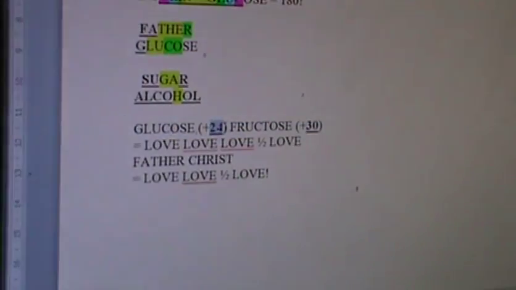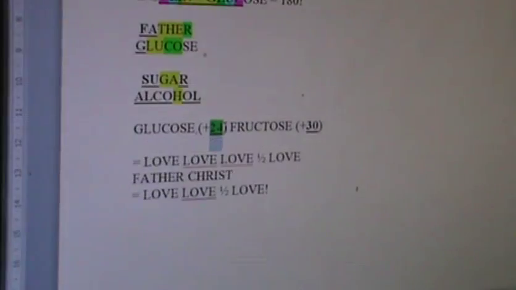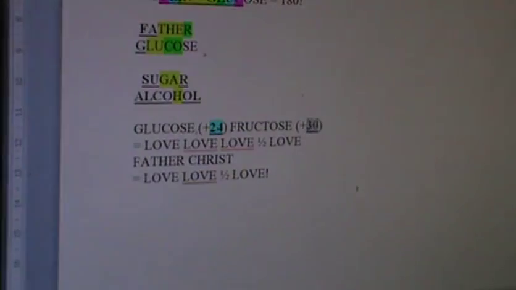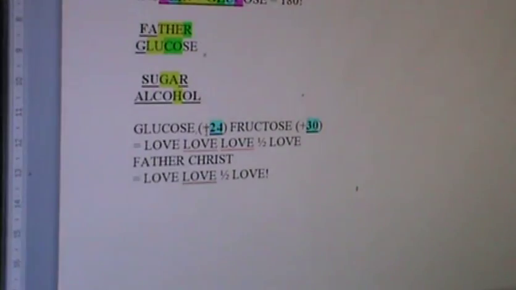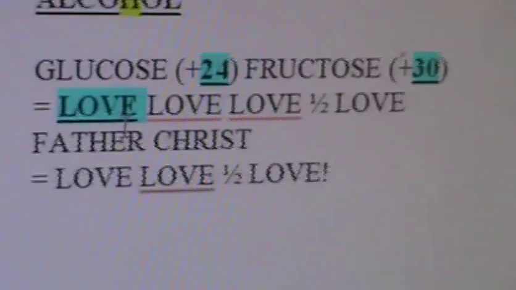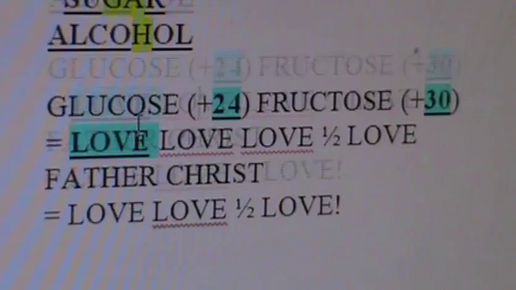In fact, there it is right there. I mean, it had to be. Glucose contributed 24 points, a multiple of 6. Fructose, a multiple of 6, 6 higher. Well, 24 plus 30 equals love perfectly. So clearly, glucose plus fructose is a Father-Christ combo.